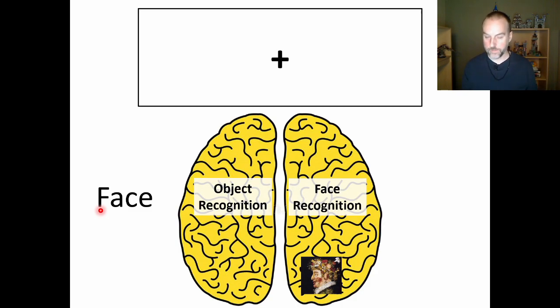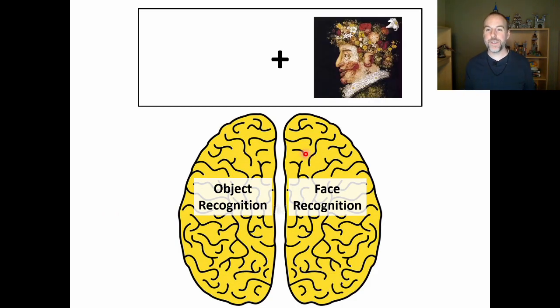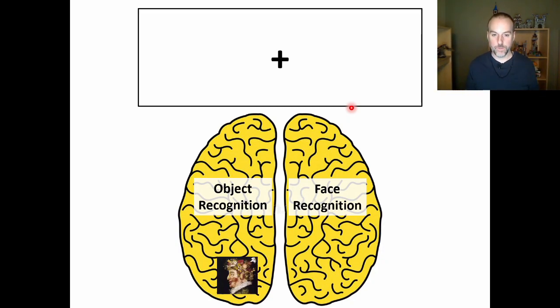I saw a face. Now the neat thing is they show that exact same image to the right visual field. That goes to his left hemisphere. Now the left hemisphere can't process face information, but it will recognize objects. So when it processes the same visual information, it says, hey, I see flowers. And he can report that by using his right hand, because that connects to his left hemisphere, and it points to the word flowers.